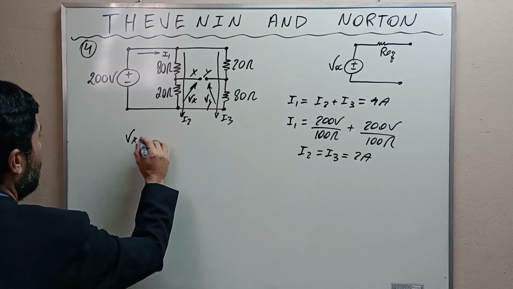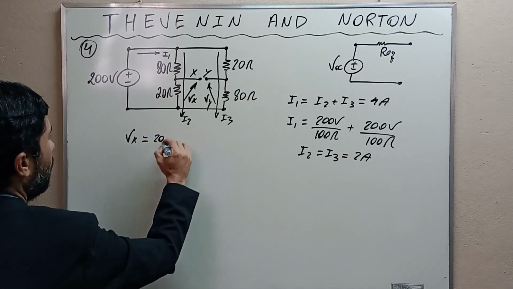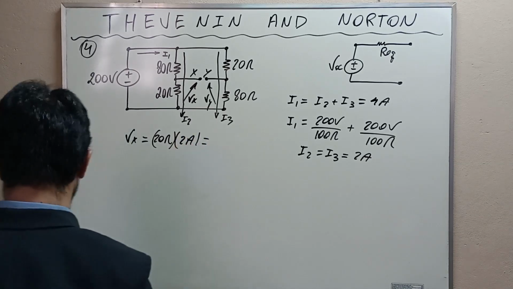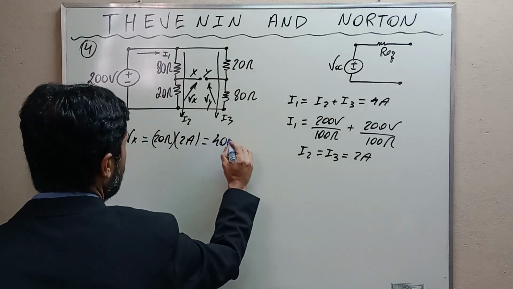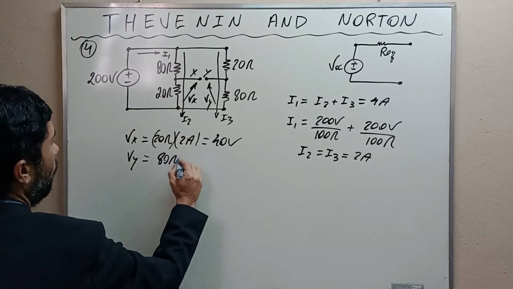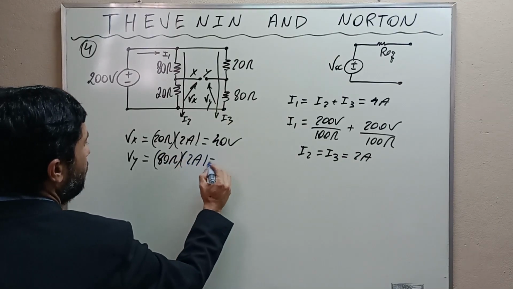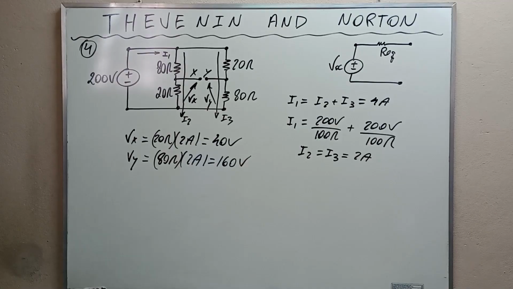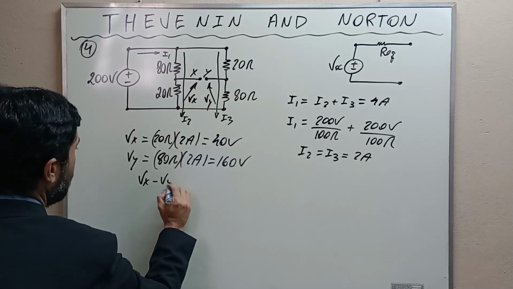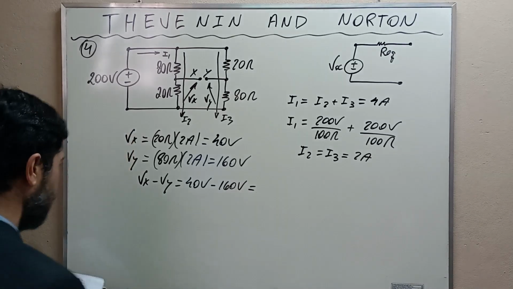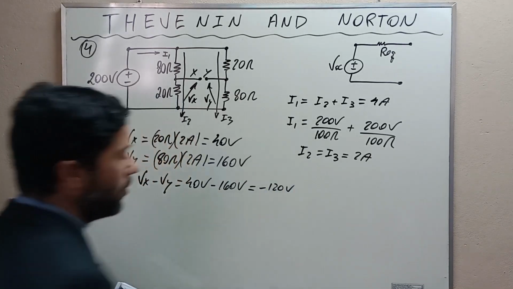Vx is equal to 20 ohms times 2 amps, and this is equal to 40 volts, and Vy is equal to 80 ohms times 2 amps, and this is equal to 160 volts. Okay, my friends? And Vx minus Vy is equal to 40 volts minus 160 volts, and this is equal to negative 120 volts.